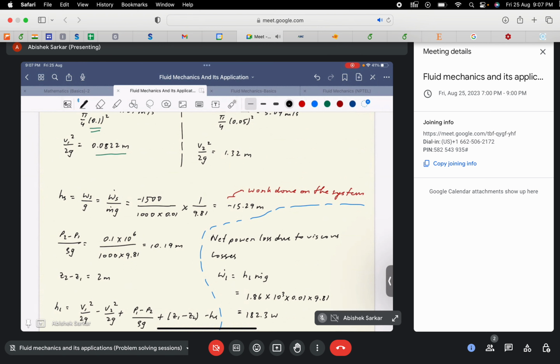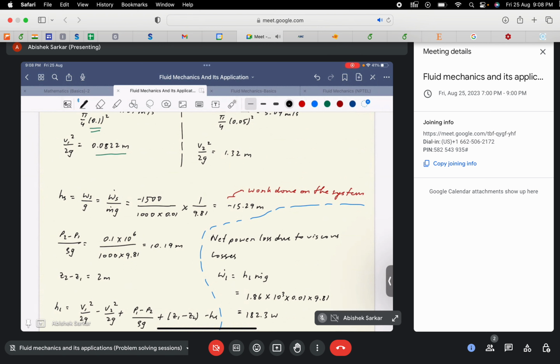In the pump, we are using electrical work to rotate the pump so that we can apply some energy to the fluid so that fluid can be pumped to a higher elevation. So work is done on the system. That's why we will have the shaft work as negative. So keeping that in mind, it is given that it is 1.5 kilowatt.